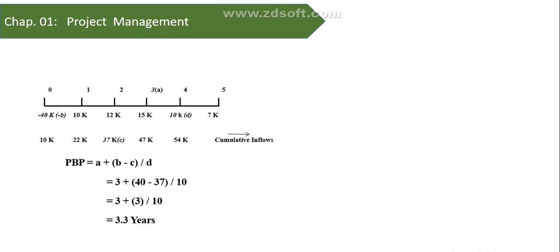Minus, here 37 means in the third year I confirmed receiving $37. And next year cash flow is 10. So 40 minus 37 is 3, and divided by 10 is 0.3, so 3.3 years. So the project should be accepted.